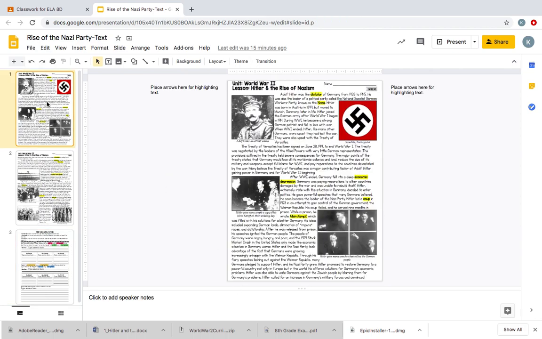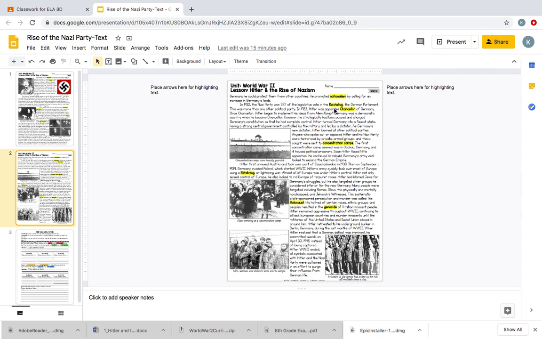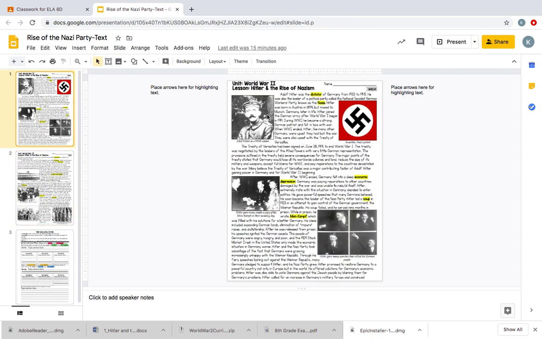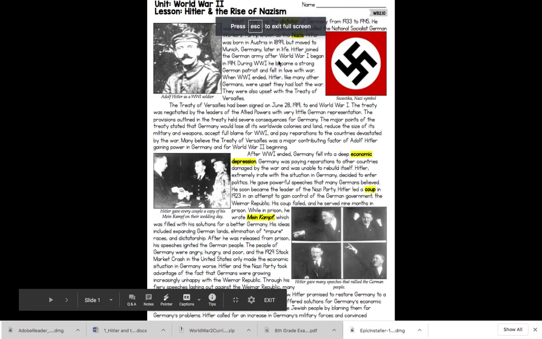Now, everything that you see that's highlighted are the vocabulary words that I will attach on the post as well. If I were you, I would click present so it's easier to read. The text is a little bigger.